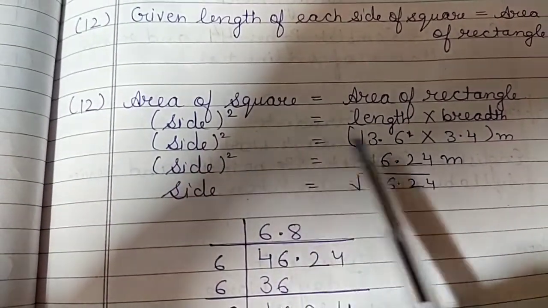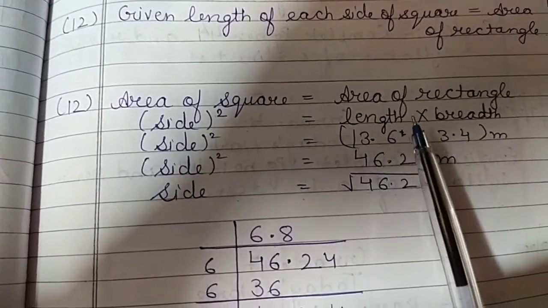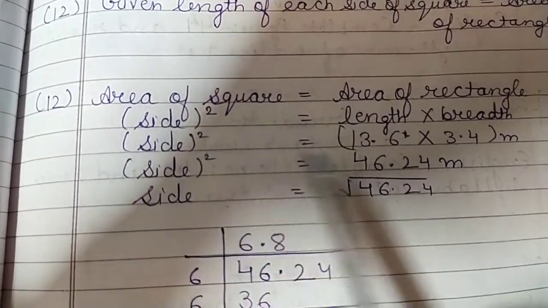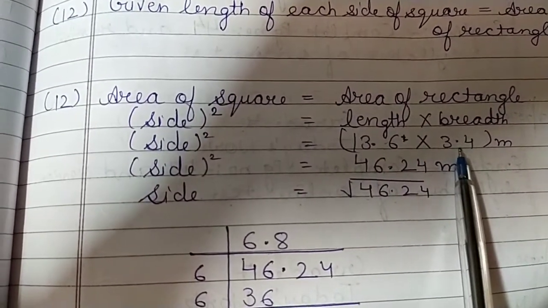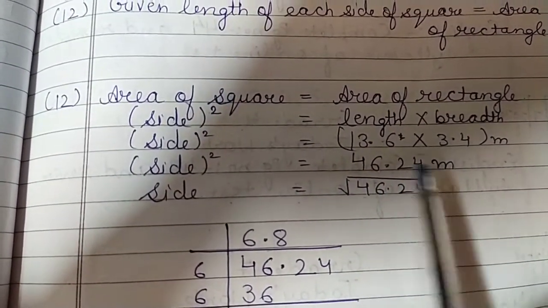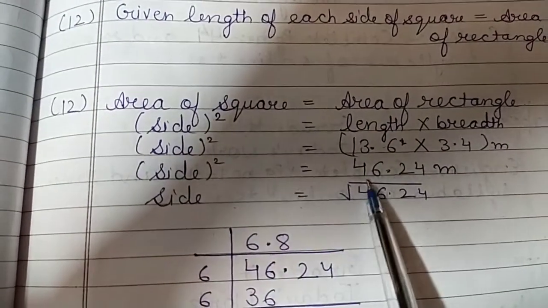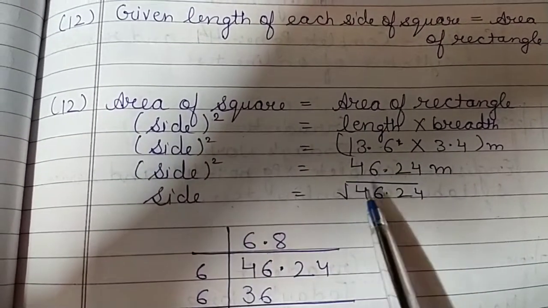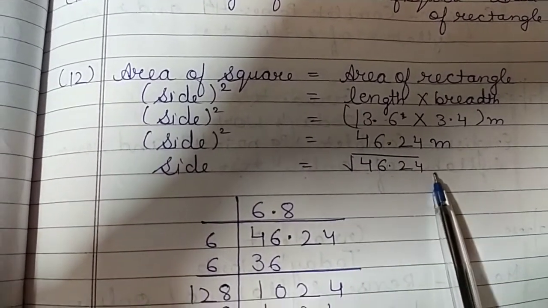So side squared is equal to the product of the length and breadth, and when we multiply both these numbers we get 46.24. It means side squared is equal to 46.24 meters, and one side is equal to the square root of 46.24.